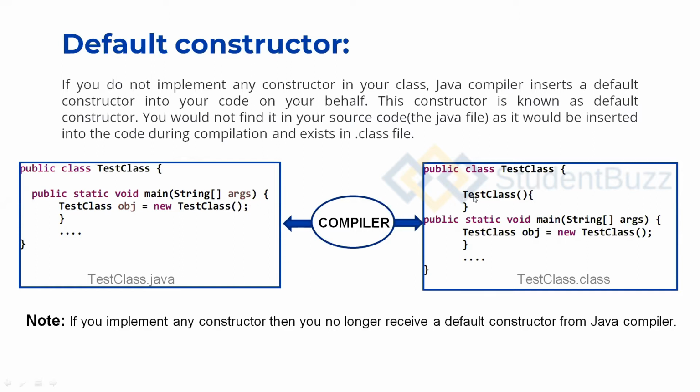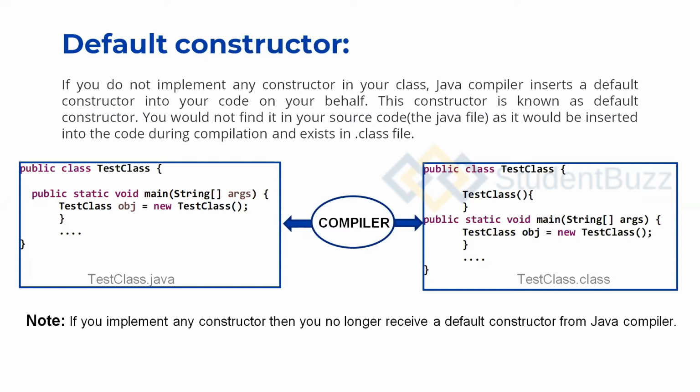You can find this constructor inside the .class file, not in the source code file. The .class file is bytecode. If you have not given any constructor in a class, a default constructor will be added on your behalf, though it is not written in the source code.